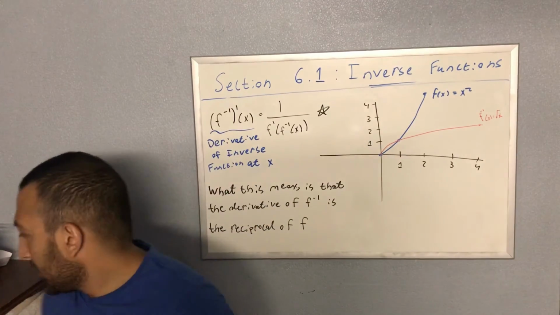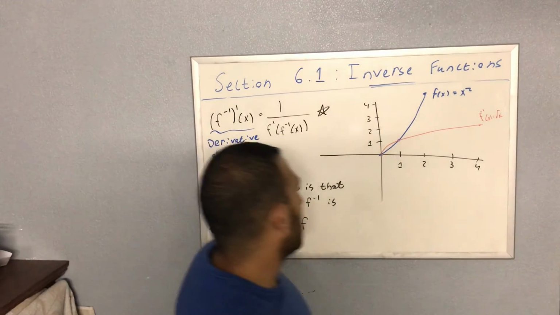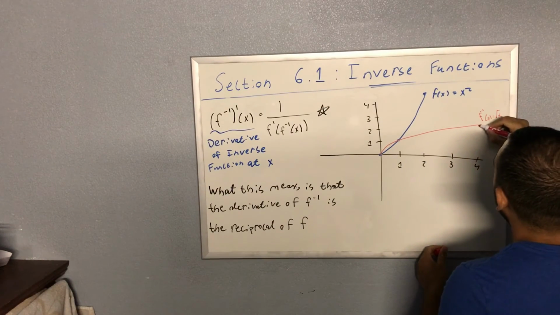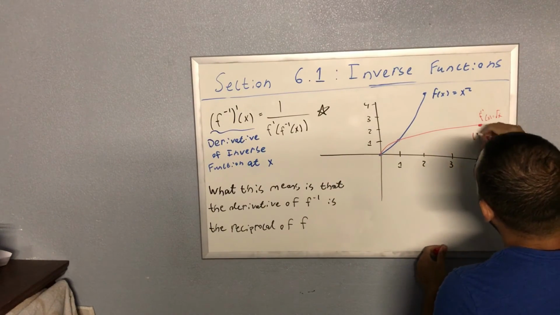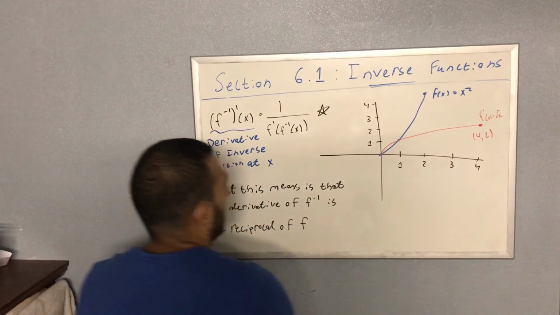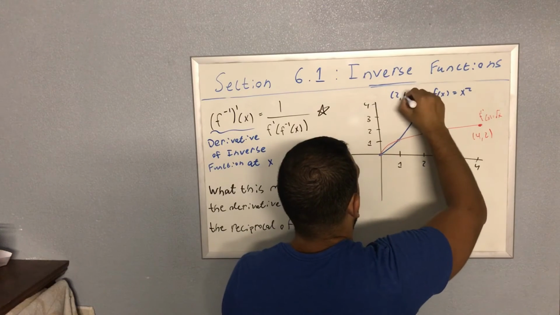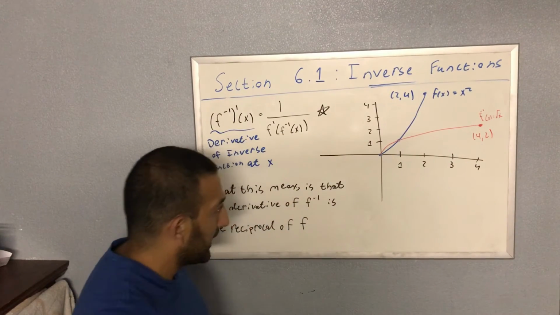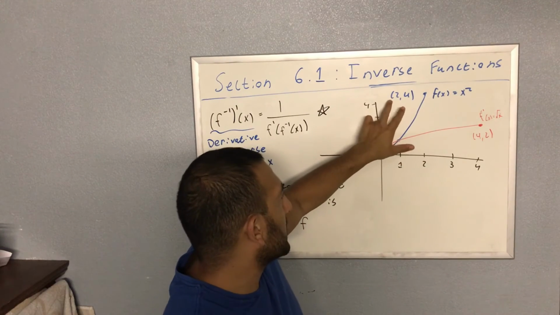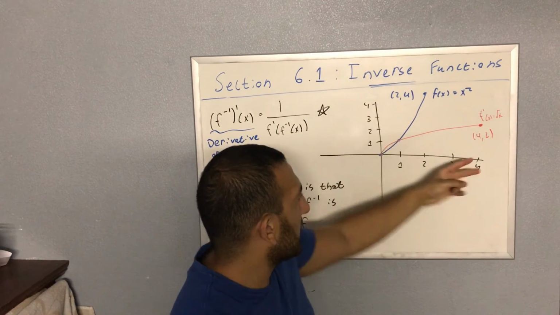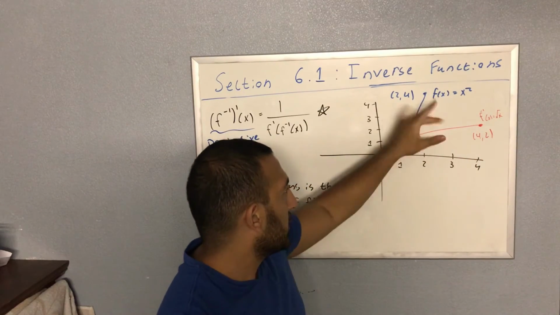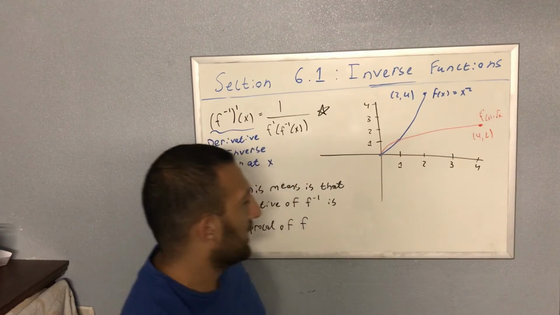Notice that the ordered pair here on the parabola is 4, 2. And then this ordered pair here is 2, 4. Remember, in the original function, whatever your ordered pair is, the inverse function flips it. We already talked about this, so you basically flip the ordered pairs.